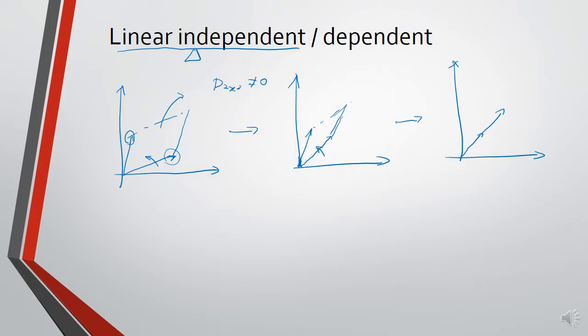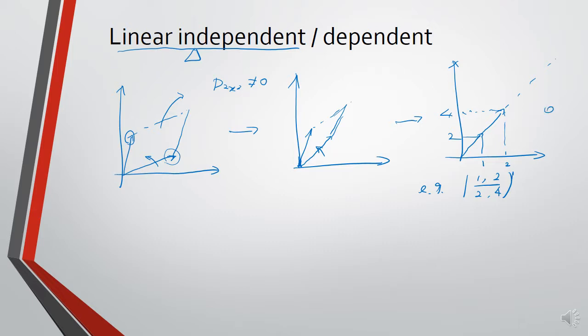Let's look at one example. If we have a 2x2 determinant given by 1, 2 and 2, 4, this is the row vector 1, 2 and this is the row vector 2, 4. We can see that they're all on the same straight line, so they cannot make a valid parallelogram. Or to say, they can make one, but with an area of 0.